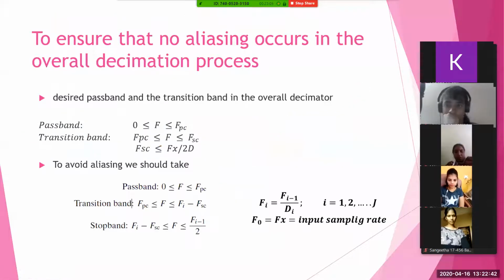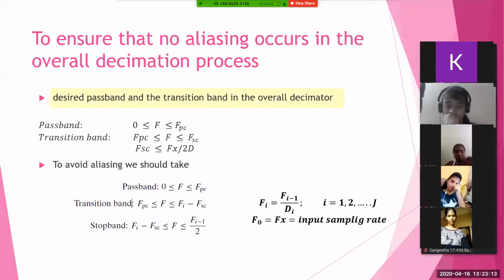As I said earlier, whenever we talk about the decimation process, we have to consider the aliasing effect as well, because whenever you decimate the sequence by a certain factor, in the frequency domain the frequency components will spread or stretch. So there is a danger of aliasing, that is, overlapping with the adjacent frequency bands.